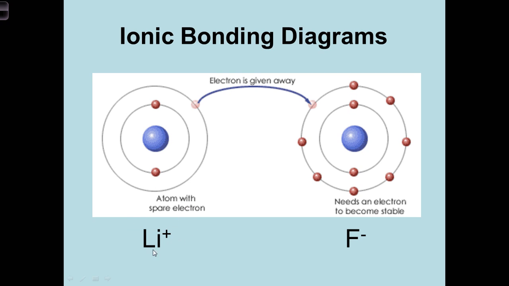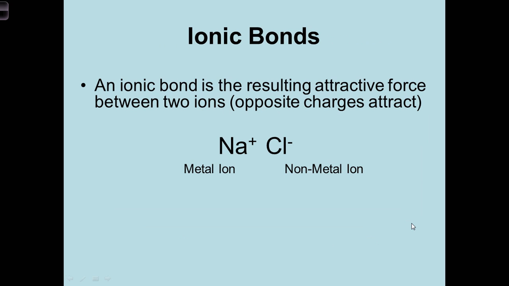Metals always form positive ions, whereas non-metals always form negative ions. So you can see here, guys, an ionic bond is the resulting attractive force between ions, those opposite charges. The metal here, sodium for instance, and chlorine, showing that attraction, those opposite charges being attracted to each other.